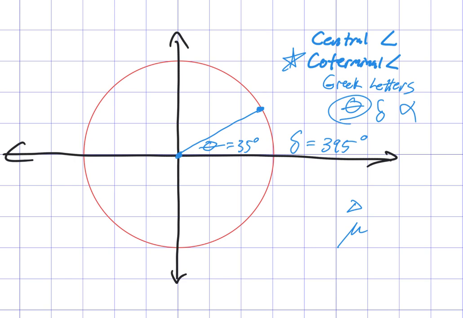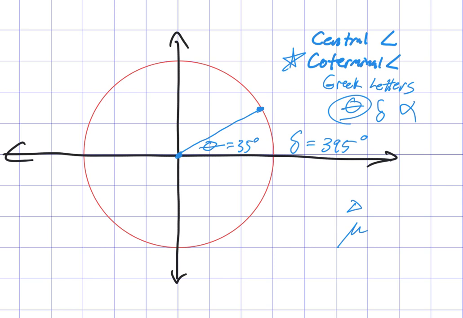I did one whole circle all the way around. So if I go all the way around and I'm here again, 395 degrees ends at the same place. It's also 35 degrees. So 35 and 395 are coterminal angles. They terminate at the same place: coterminal, same termination points.